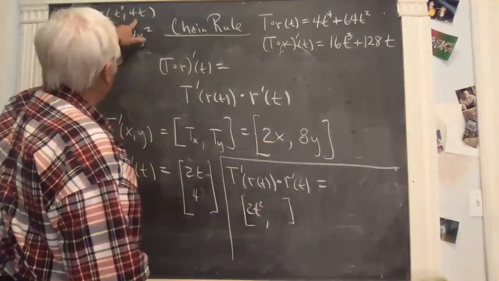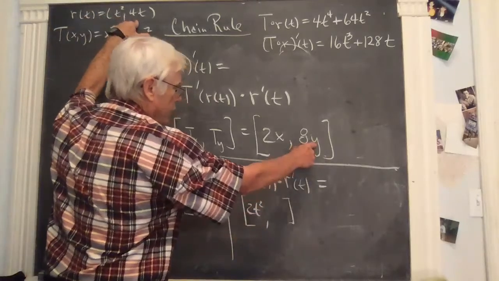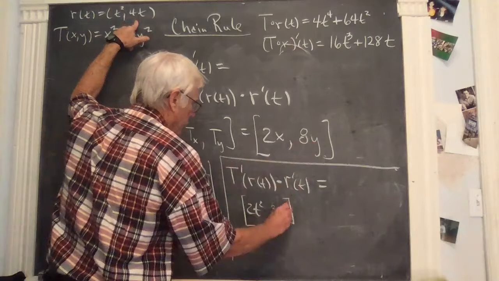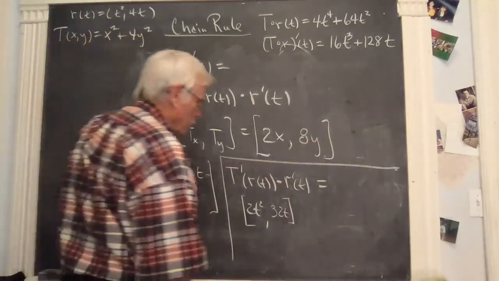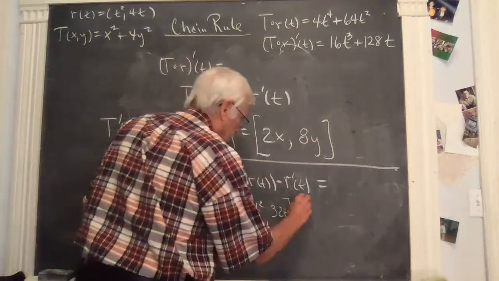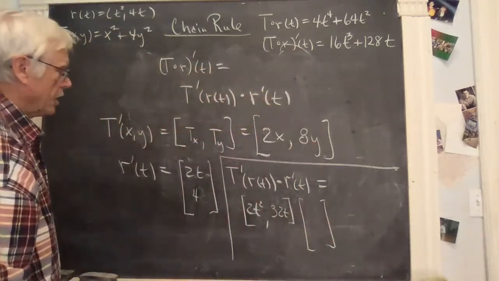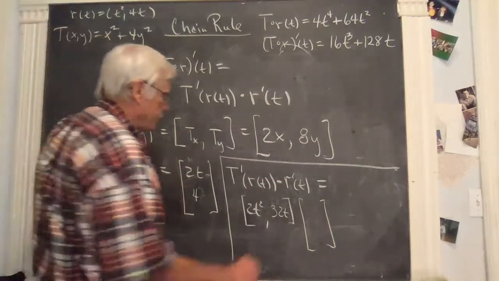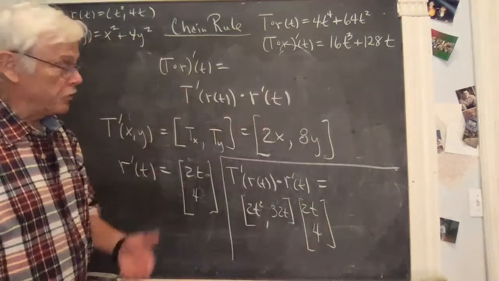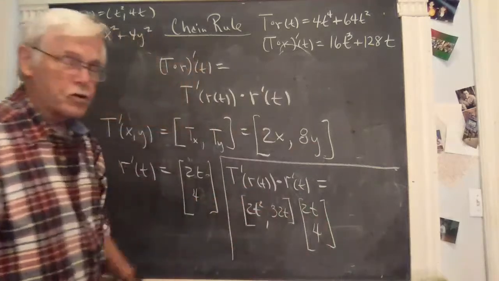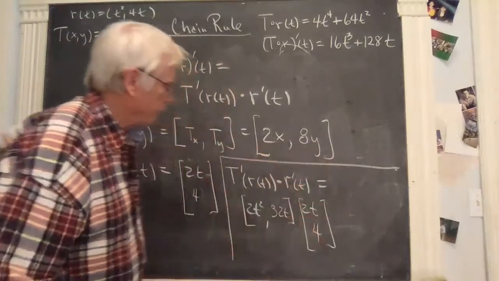And then 4t gets plugged in for the y, so that would be 32t. So we get this 1 row, 2 column matrix that multiplies R prime of t. Now R prime of t is (2t, 4). If I wrote it as a row, as the book does, then you can look at this as a dot product. But in general, I'd like you to look at it as a matrix product, 1 row, 1 column.